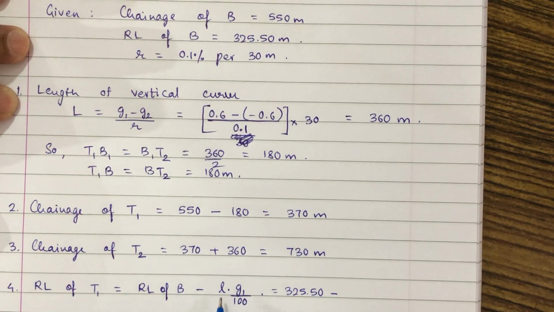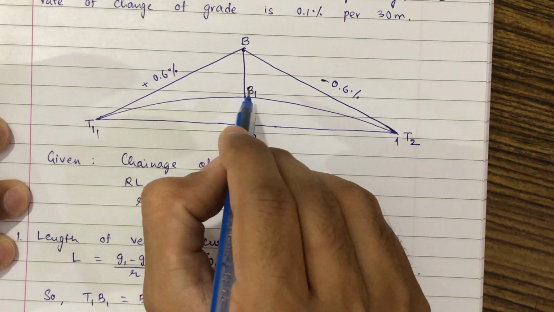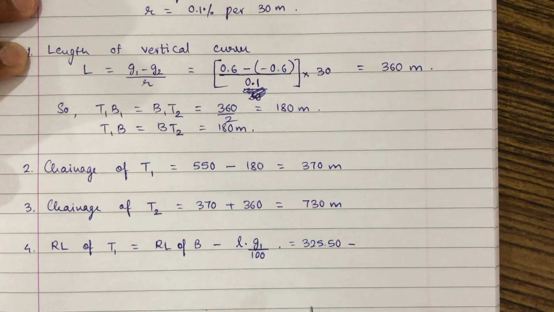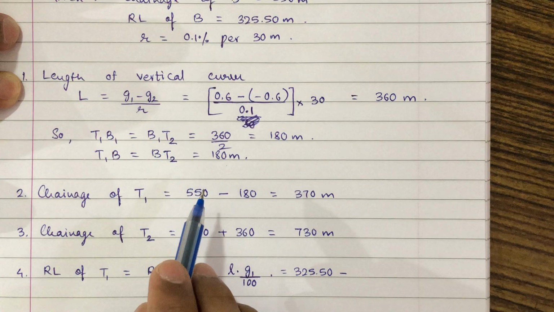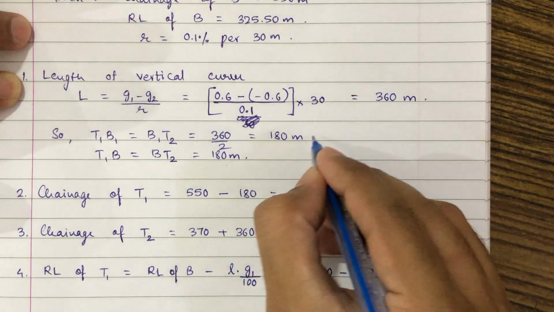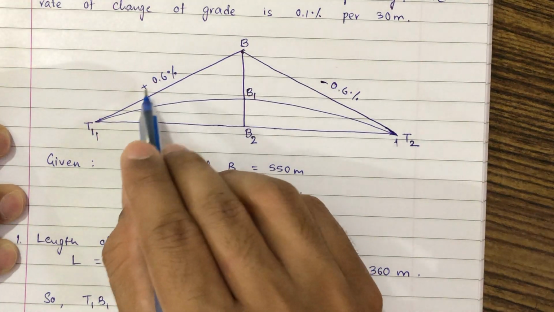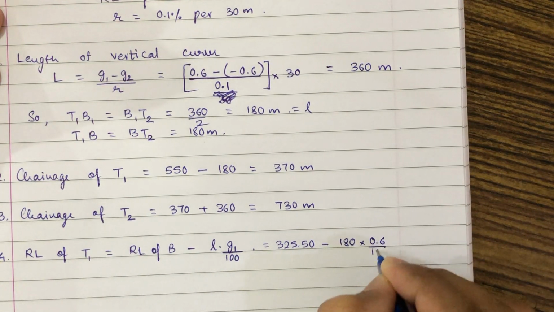This is small l, not capital L. Capital L is the total length of the vertical curve, and small l is the half length, that is 180 meters. So minus 180 into G1, which is 0.6 by 100.